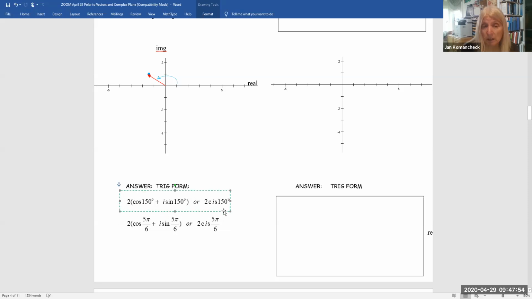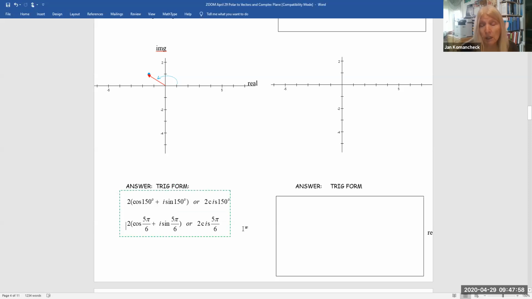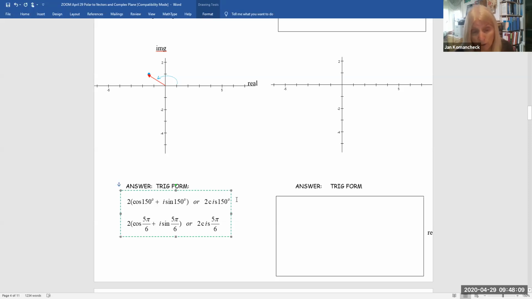So both of these are the answer. I just have to see what the problem asked me in a particular question. I will say I want theta between 0 and 2 pi, or theta between 0 and 360 degrees. Now, I've been pretty lenient so far in giving you credit when you didn't follow those directions, and I can't do that anymore. I have to make sure that you're following the directions and you're reading my math. Okay?